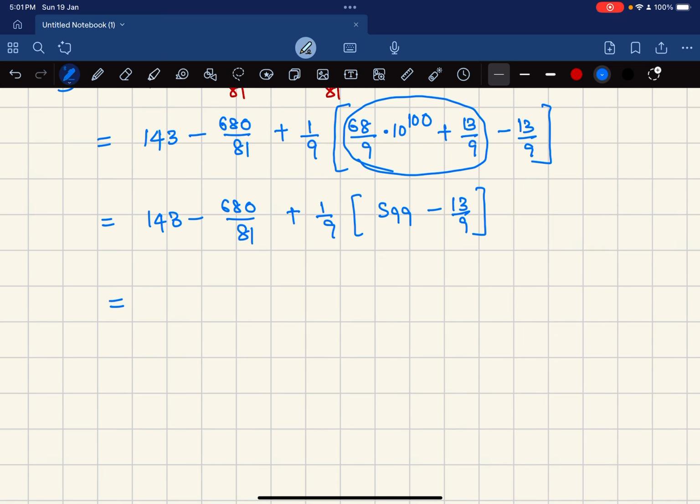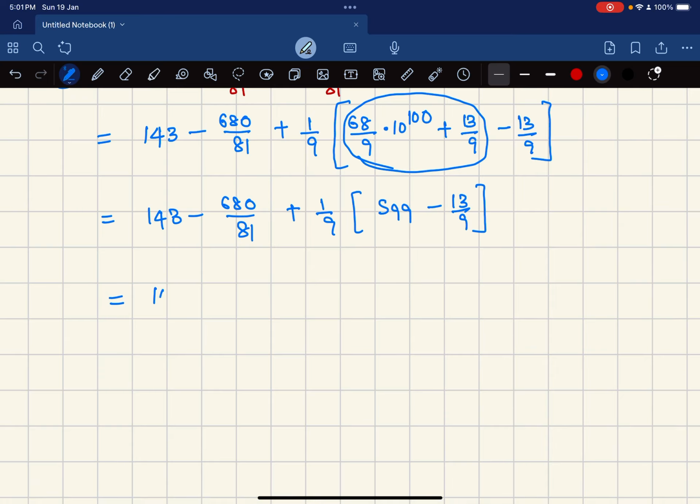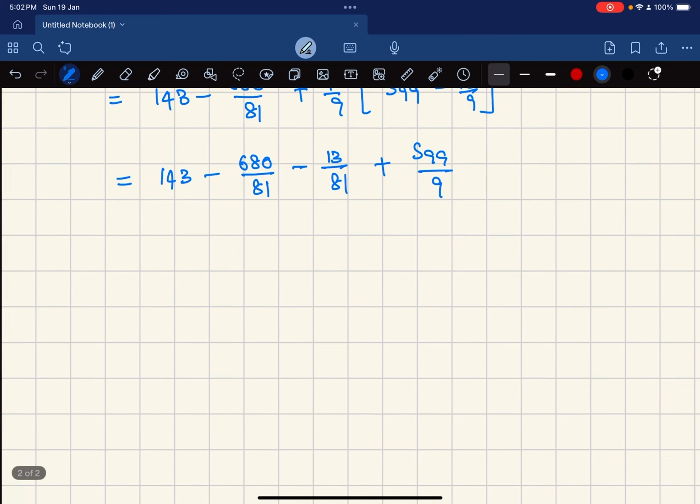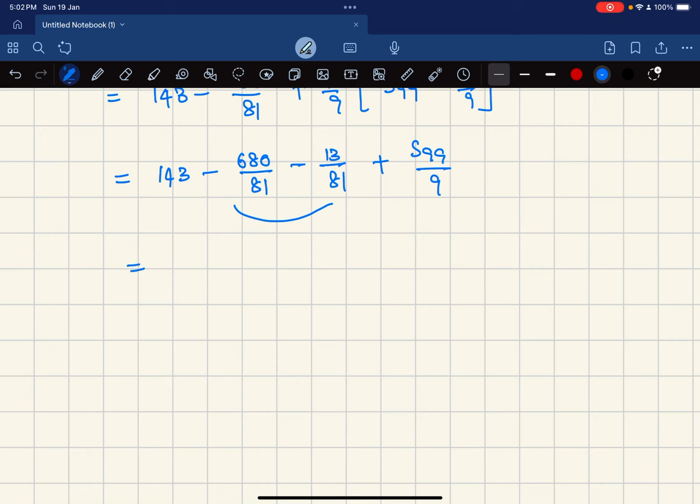Now let us separate the terms. 143 minus 680 by 81 minus 13 by 81 plus S99 by 9. So this will be 693 by 81 minus 693 upon 81 plus S99 by 9.